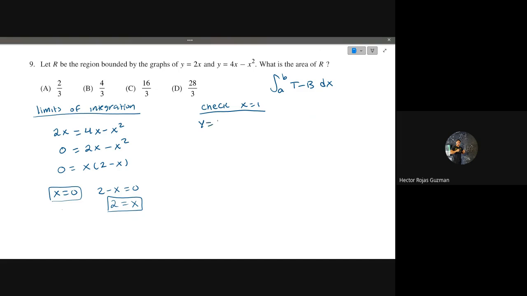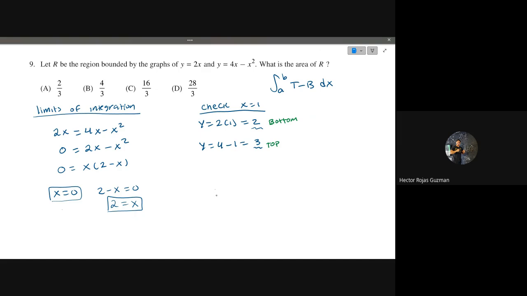If I plug 1 into the first function, we get a 2. And if we plug a 1 into the second function, we get a 3. That will automatically tell you which one's the top function and which one's the bottom function. Because 3 is higher, that makes this the top function, and 2x becomes the bottom function.